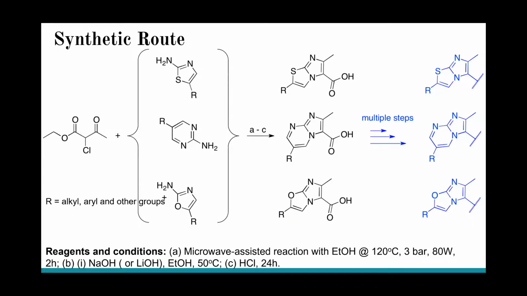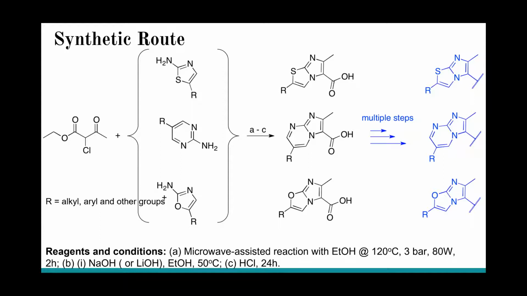So in the synthetic route, the target molecules that we will synthesize, which are the derivatives of the scaffolds, we will have to synthesize first the carboxylic acid of these scaffolds. Then we use the carboxylic acid as a starting material to synthesize our target molecules through multiple steps.